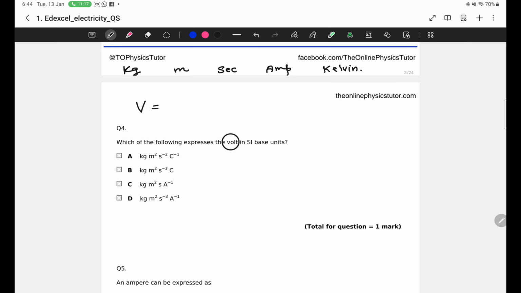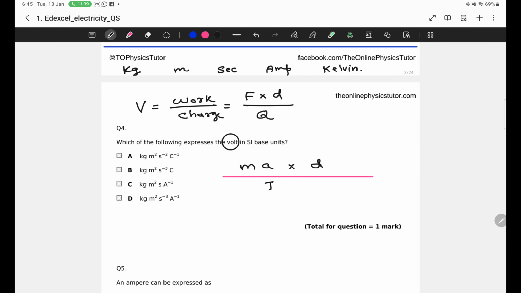Volt is potential difference, and potential difference is work done per unit charge. Work done is force into displacement. Charge is denoted by Q. Force is equal to MA and charge is the product of current into time, Q equals I into T. Now I am putting the units.